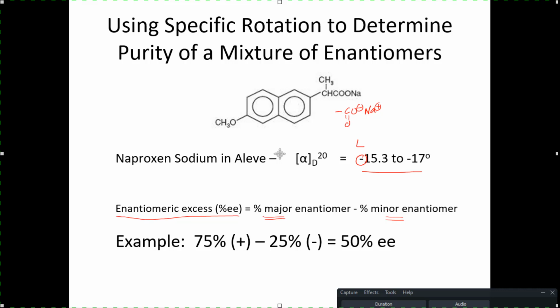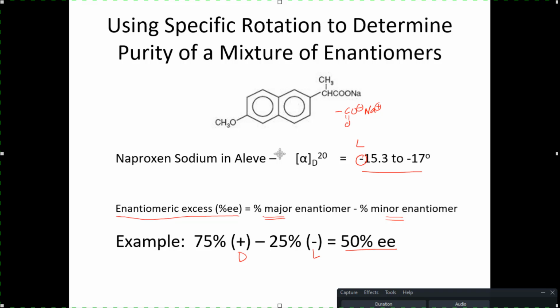So, for example, if you had a 75-25 mixture of two enantiomers, with the plus enantiomer, the D enantiomer, being 75% and the L being 25%, the 25% L would counteract 25% of the D, so that we would end up with what we call 50% enantiomeric excess.